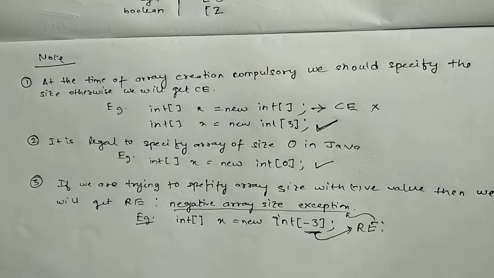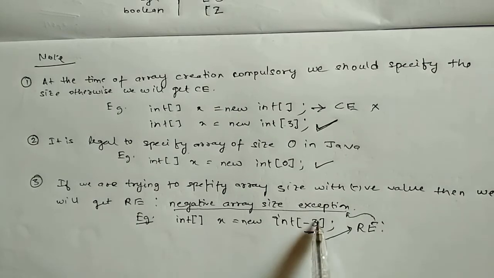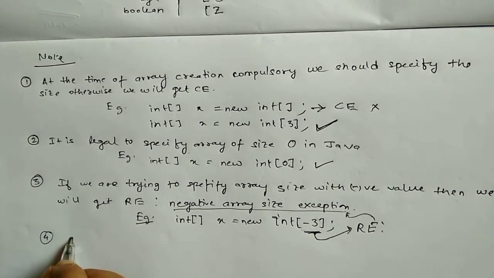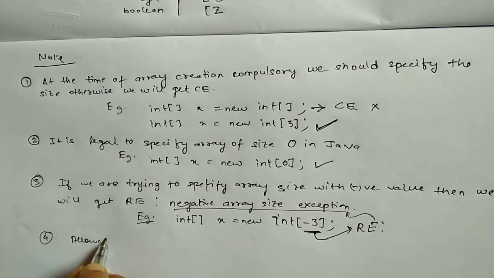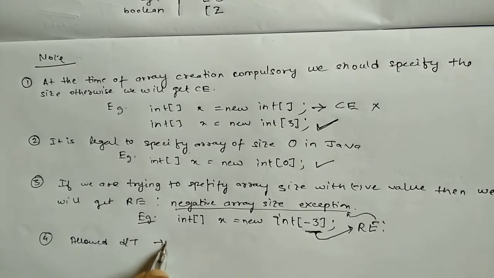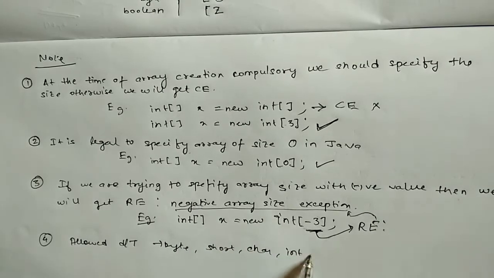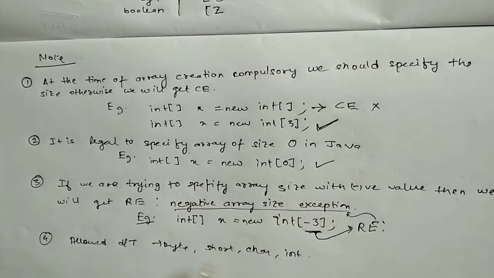Now we should know what values we can declare inside this array creation. To specify array size, the allowed data types are byte, short, character, int. These are the only data types which we can declare here in place of size.